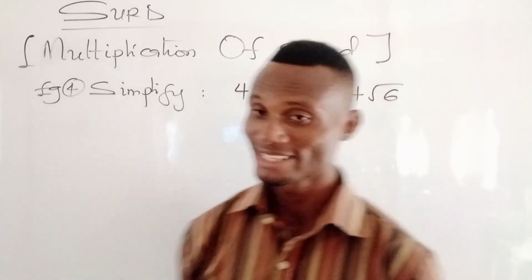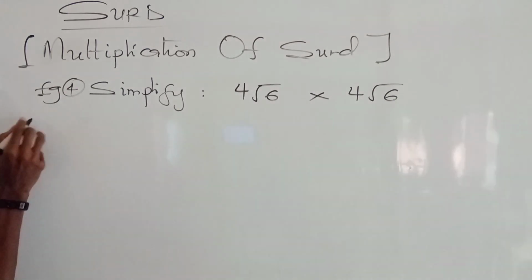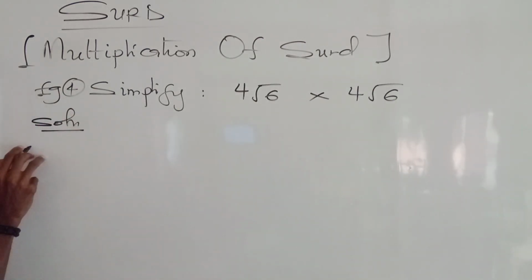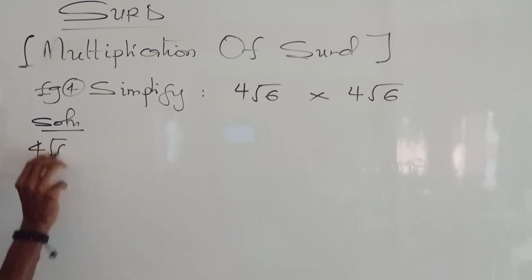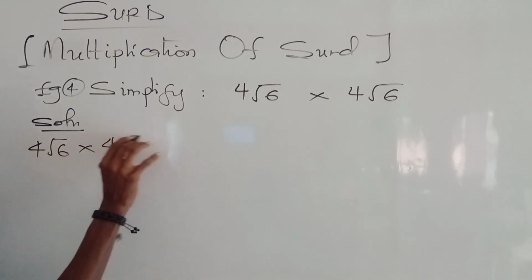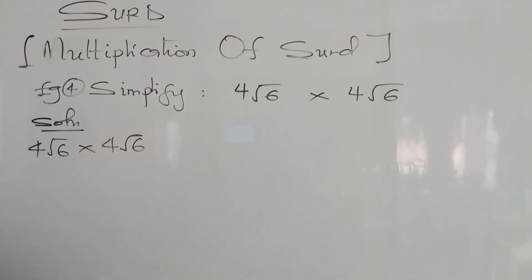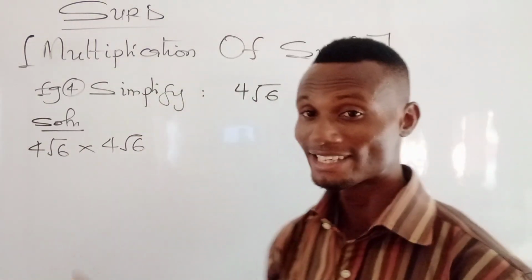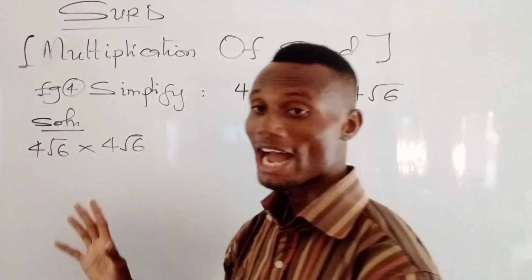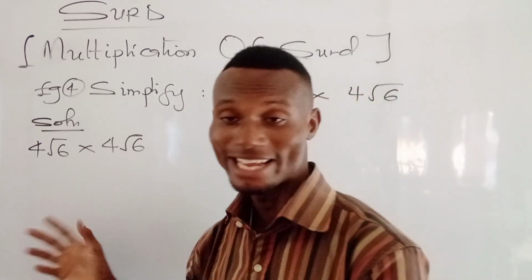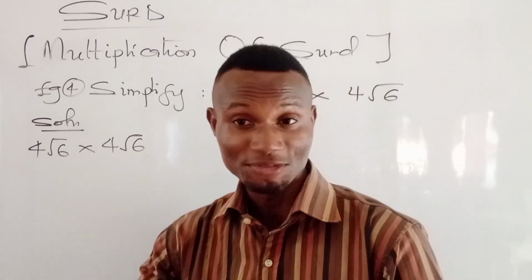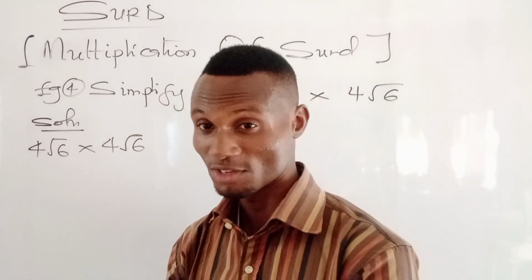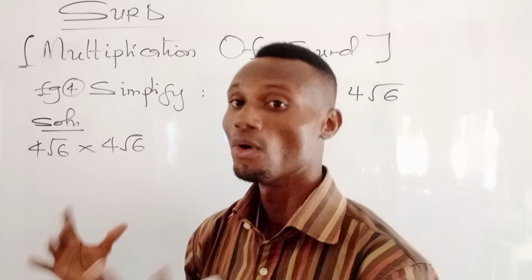So let's start. Let me write my solution down and repeat the question that I have. So I have 4 root 6 times 4 root 6. We are being asked to simplify this. Now the first approach is that I've already done a similar example with you in the previous videos. That's why I keep on encouraging you to watch the previous videos, because we've done a similar example of this.